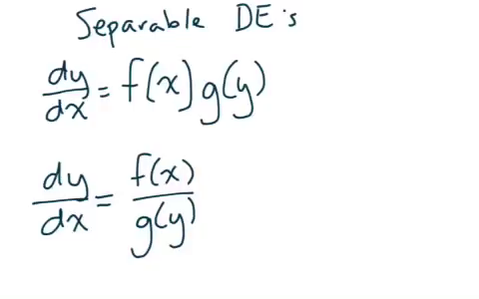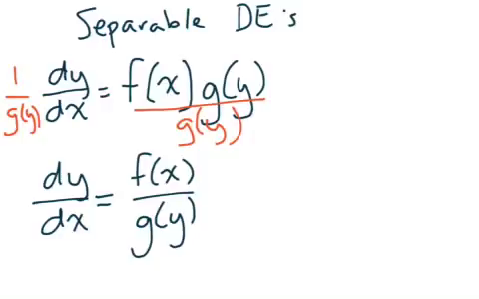And the goal here is to get everything with an x on one side and everything with a y on the other side. It's really easy to do. We can see here if I divide both sides by g of y, or if we think of it as multiplying by 1 over g of y, that works also.